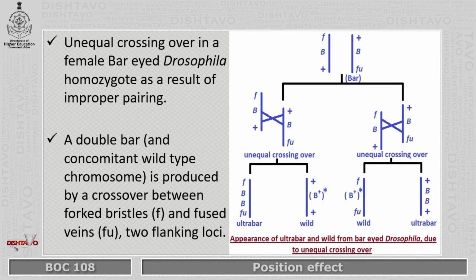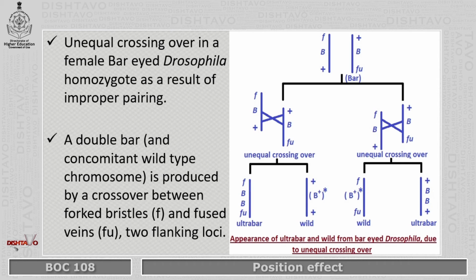This is evident from the recombined marker genes for forked bristles and fused veins. So, this resulted in two types of chromosomes after the crossing over: one with ultra bar and the other with wild type phenotype.